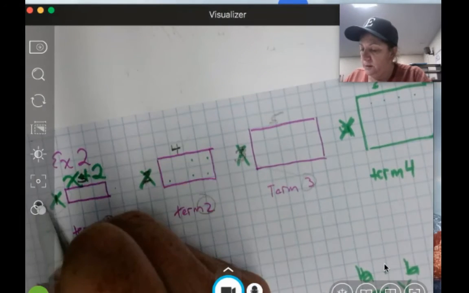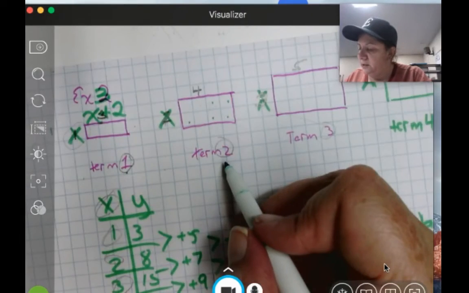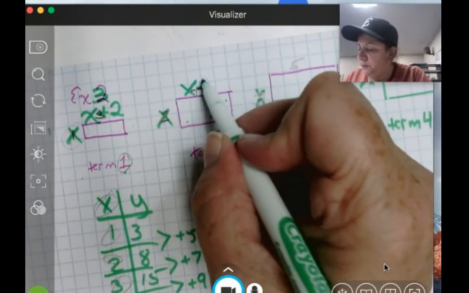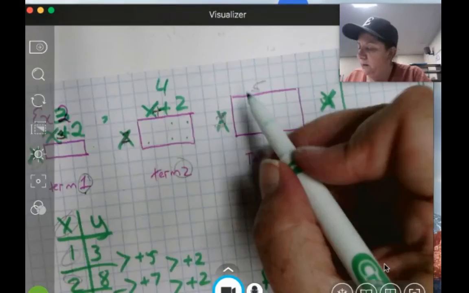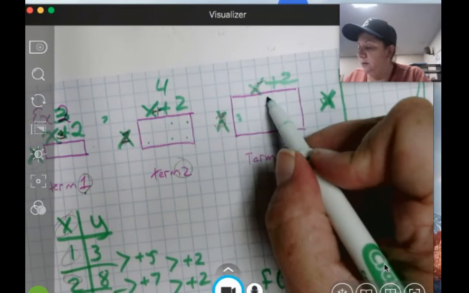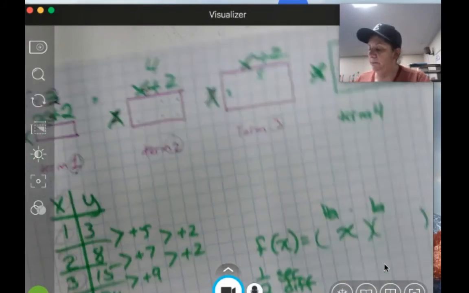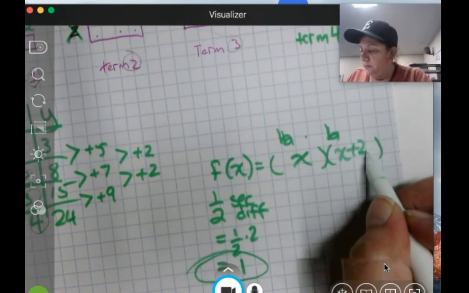So if x is 1, that's a 1 and a 3. If x is 2, and this is x plus 2, then that's a 2 and a 4. And this is x plus 2, so this side would be 3, and this side would be 5. Yeah, this works. So my top is x plus 2. The order doesn't really matter.